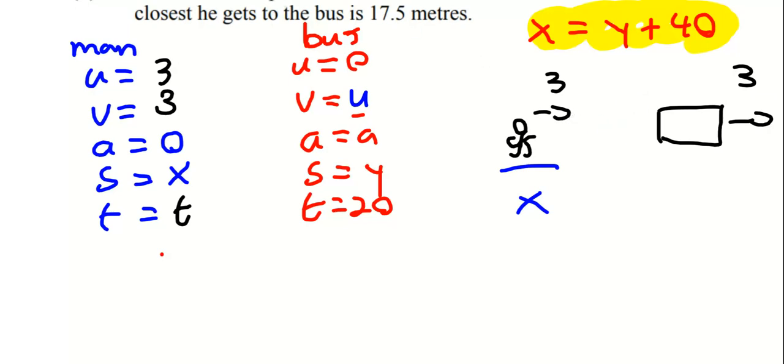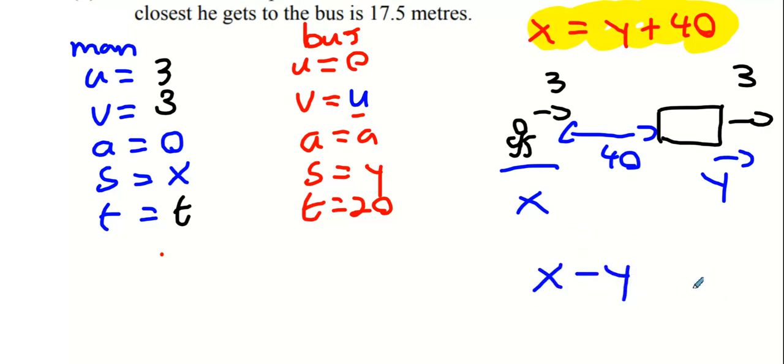The deal is that the original distance was 40, wasn't it? Everybody happy the original distance is 40? And because it gets closer, this means that x has to be bigger than y, because he actually closes in, right? So what we're trying to figure out is that the distance x take away the distance y is actually 22.5.